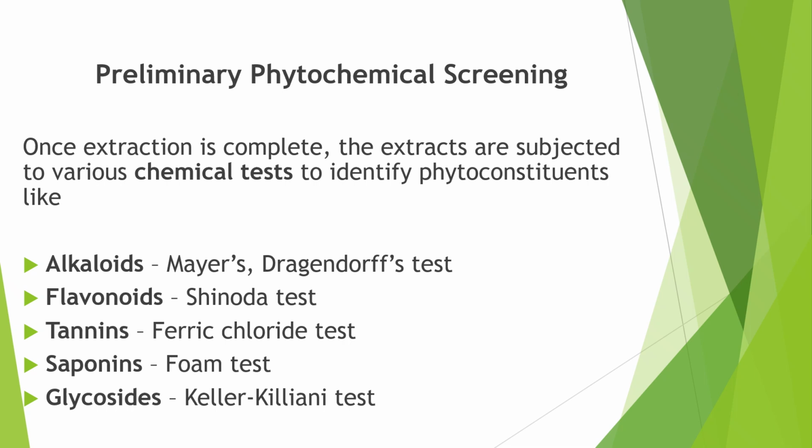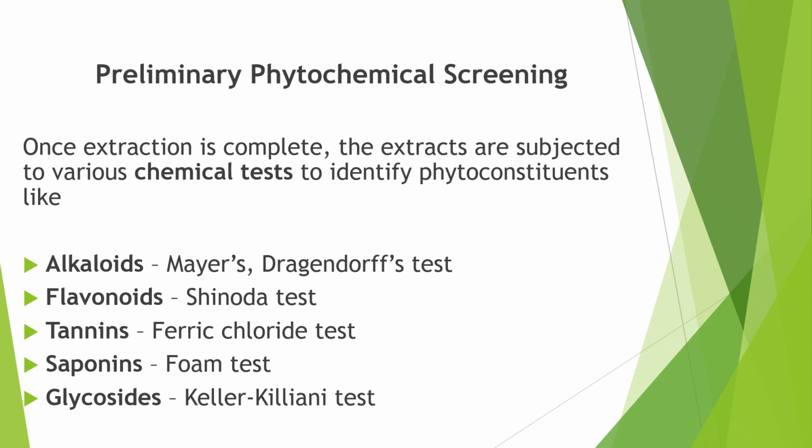That's why, once extraction is completed, the extracts are subjected to various chemical tests to identify phytoconstituents like alkaloids, flavonoids, tannins, saponins and glycosides. In the case of alkaloids, we can go with Dragendorff's test, Mayer's test and Wagner's test. These are the tests we can go with for such products.